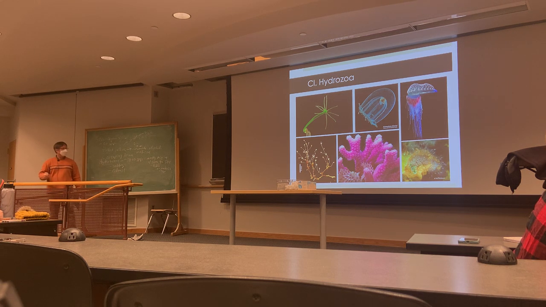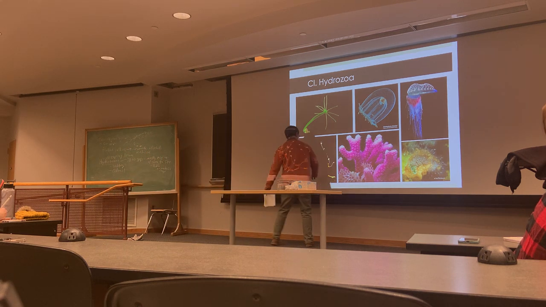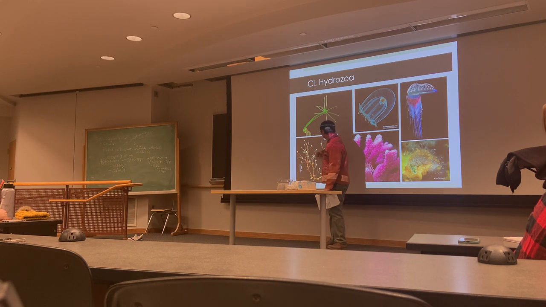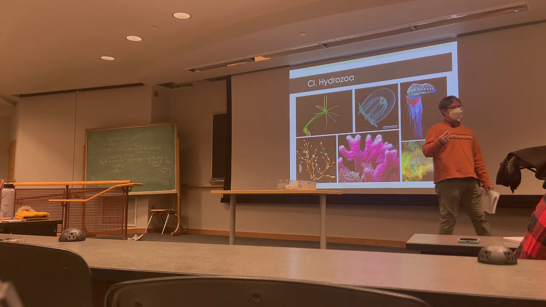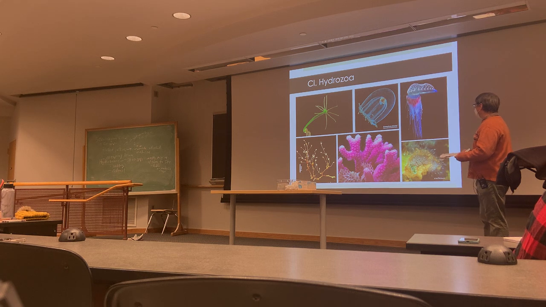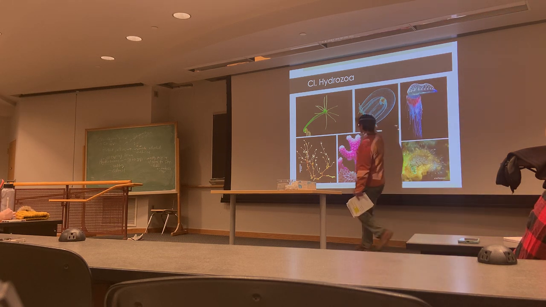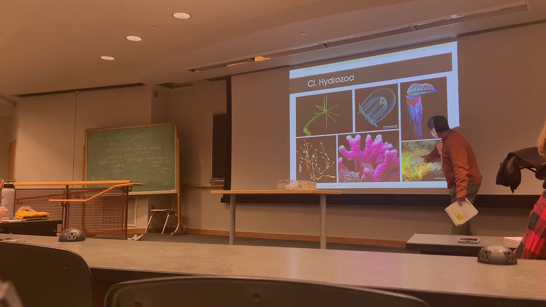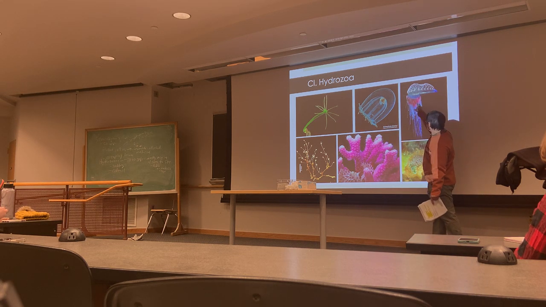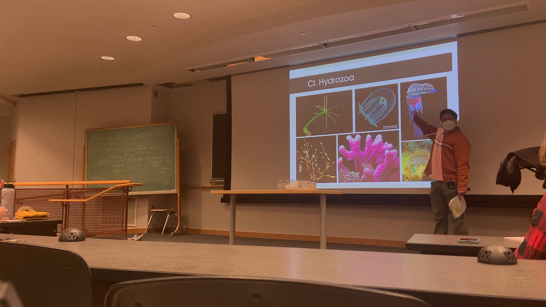They start off as a single polyp. The polyp buds off another polyp, shown here, and then they're interconnected by a shared gastrovascular cavity. Here we have an example of a single polyp. Here's another colonial hydrozoan.